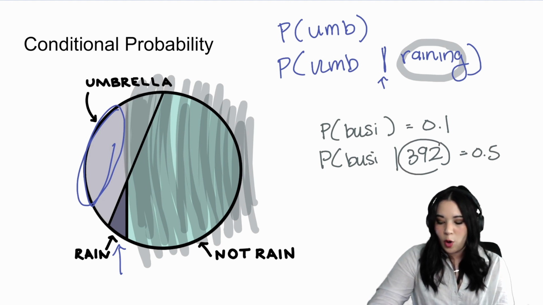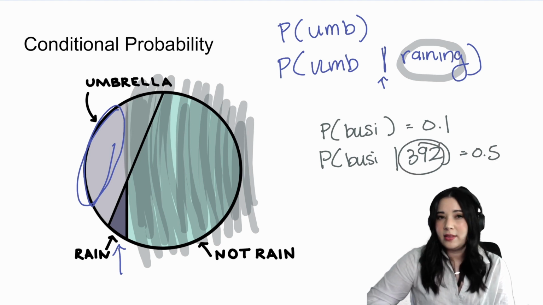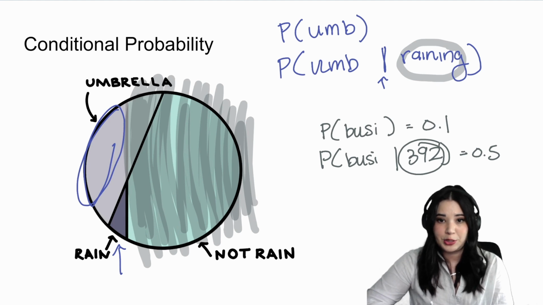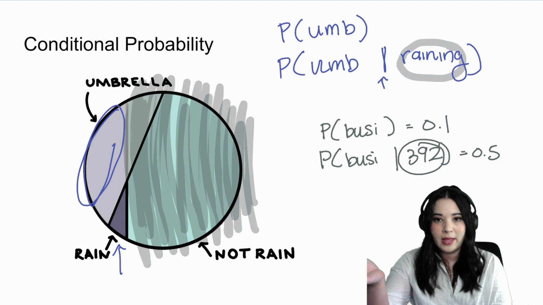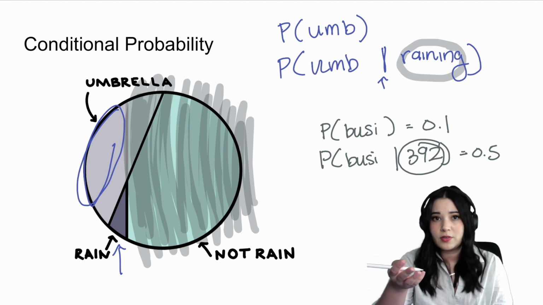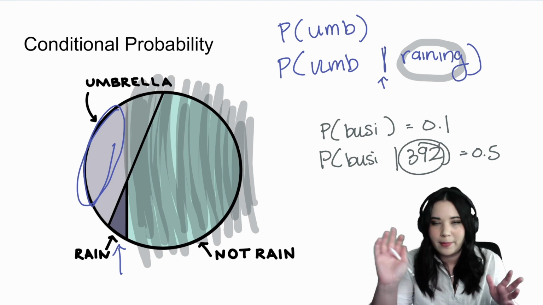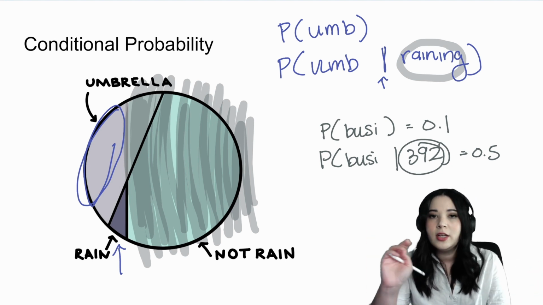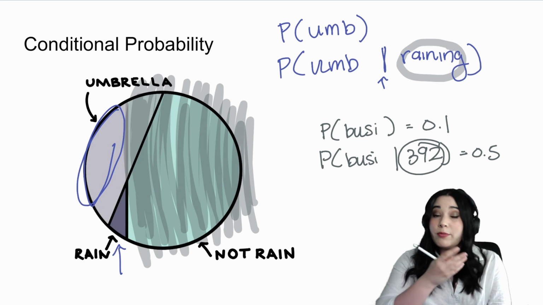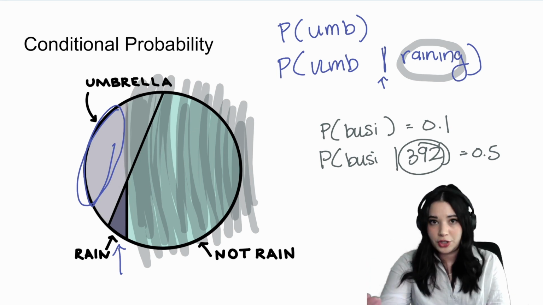So given we're only looking at people in the class CPSC 392, the probability of being a business student is about 50%. However, just in the general population, the probability of being a business student at Chapman is probably about 10%. I'm actually making these numbers up. So you can see the difference between a regular probability and a conditional probability.